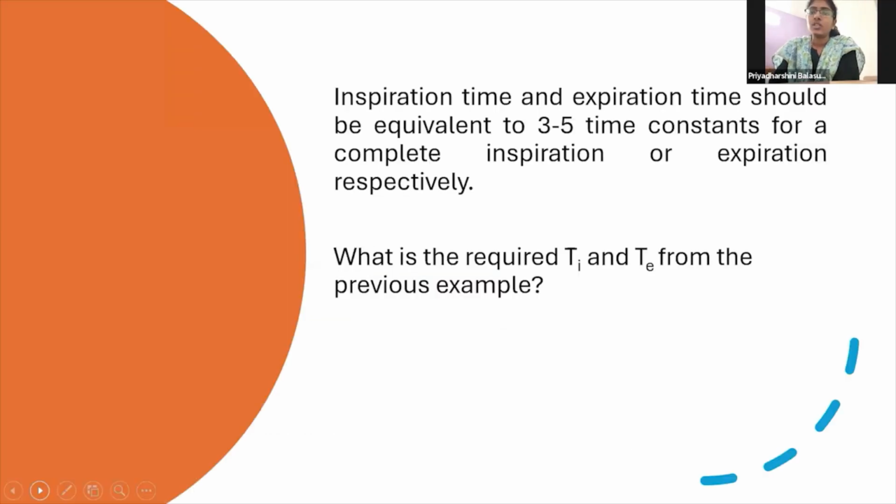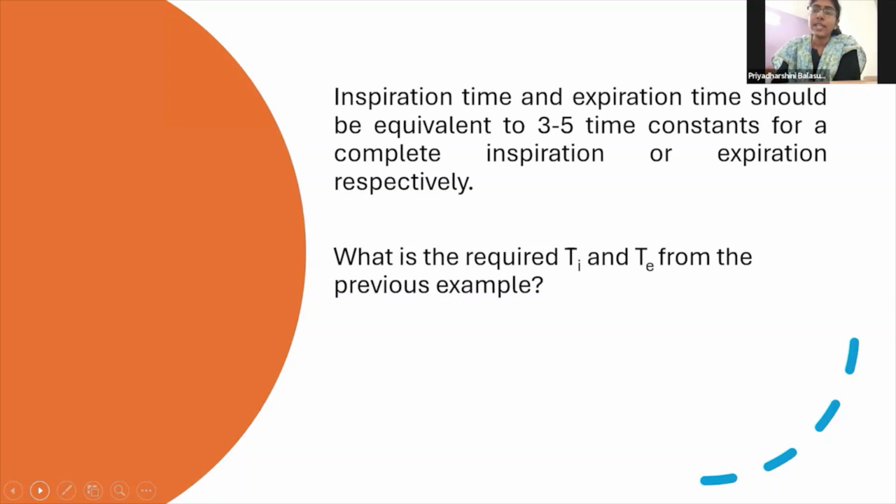Next slide, ma'am. So for complete inspiration or expiration to occur, inspiratory time and expiratory time should be equivalent to 3 to 5 time constants. So from looking back at the previous example, we have calculated one time constant as 0.09 seconds.